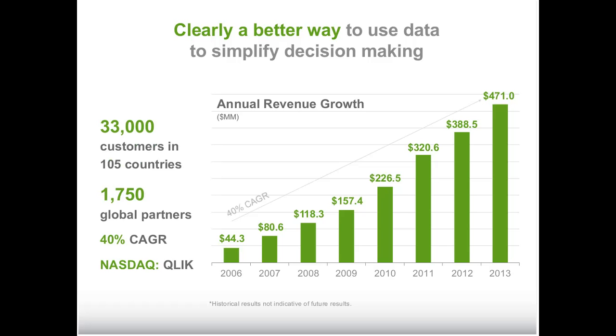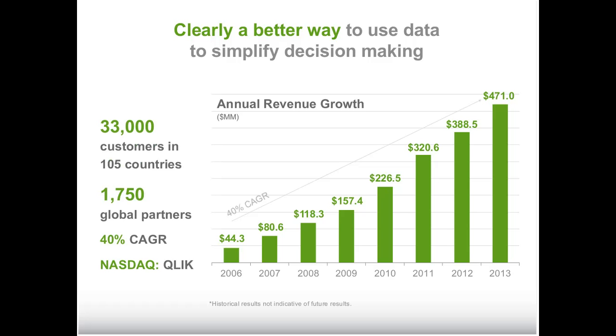People are often looking at who is the company that we would partner with, what is the financial strength and the position in the marketplace. And so we'd like to start with this slide. And you can see here the revenue growth of Qlik over the past several years. The compound average growth rate of the company is 40%.